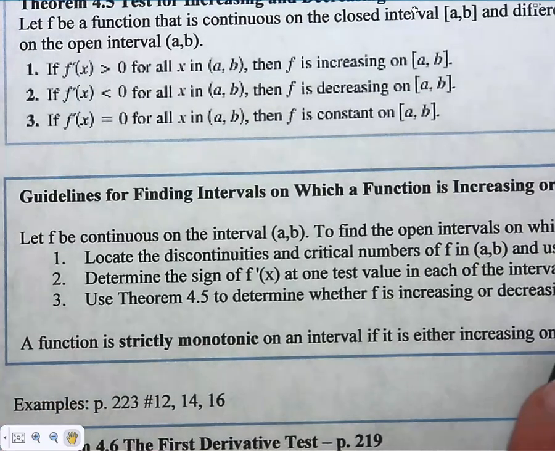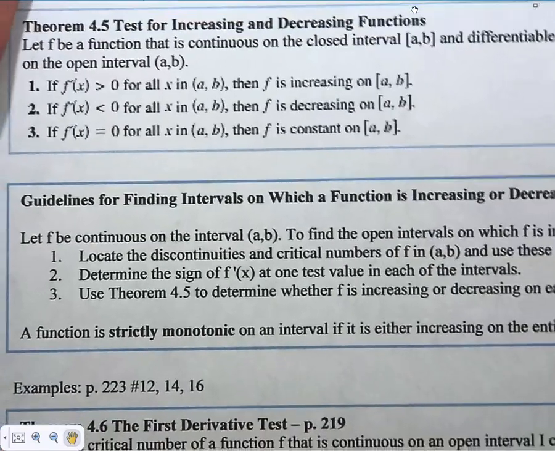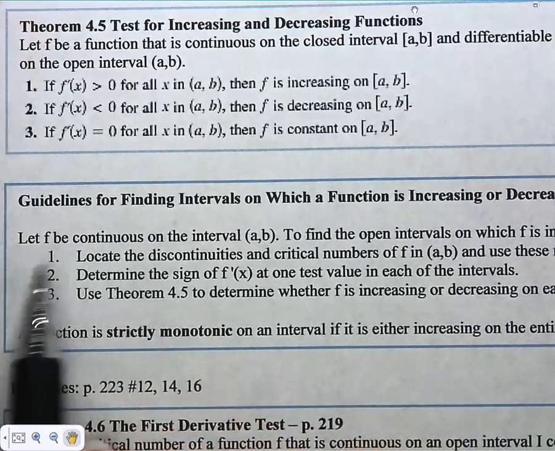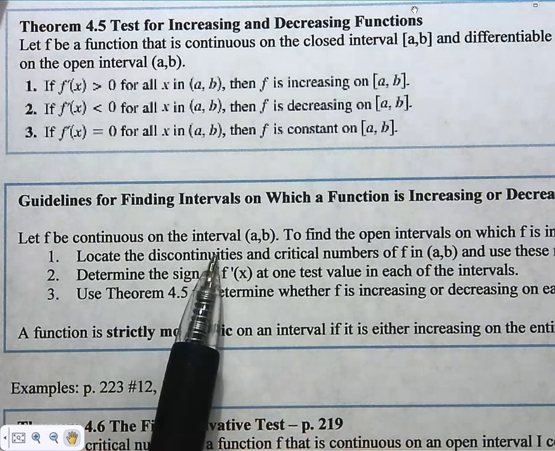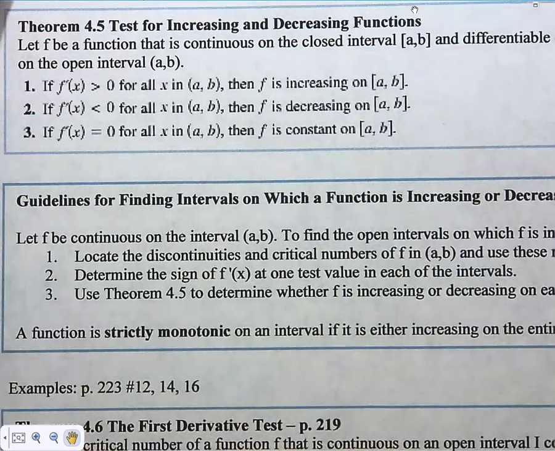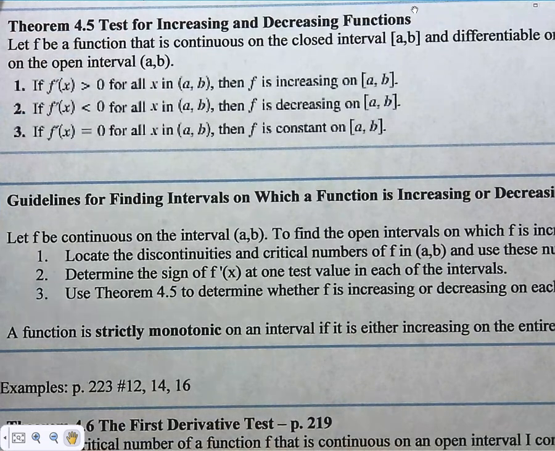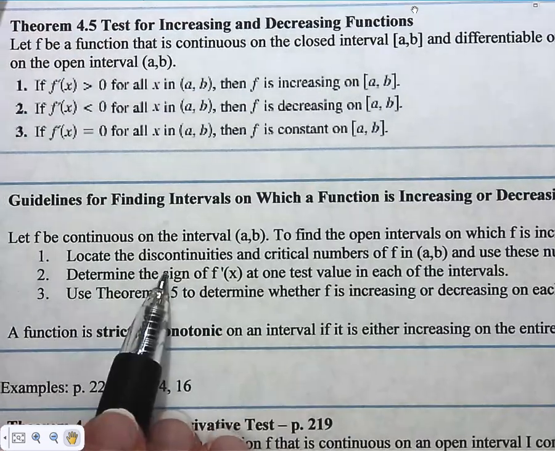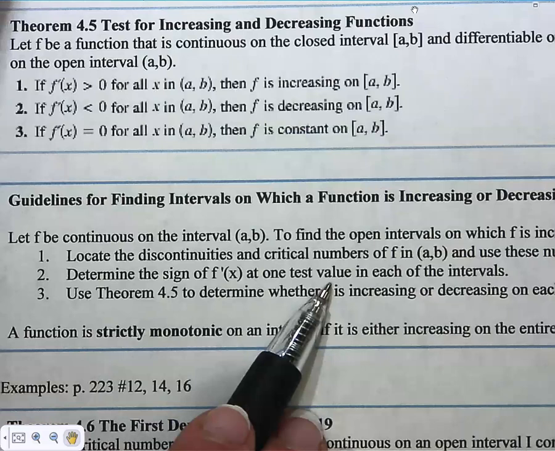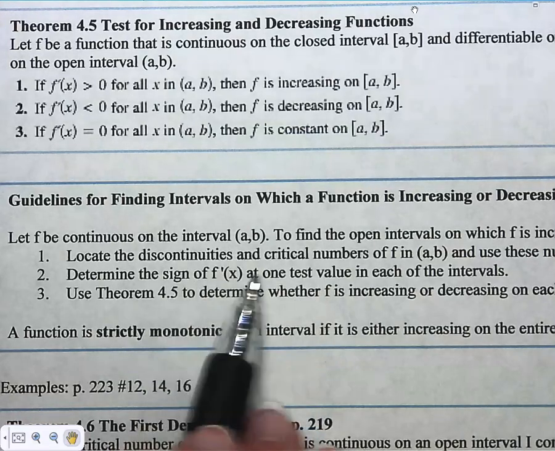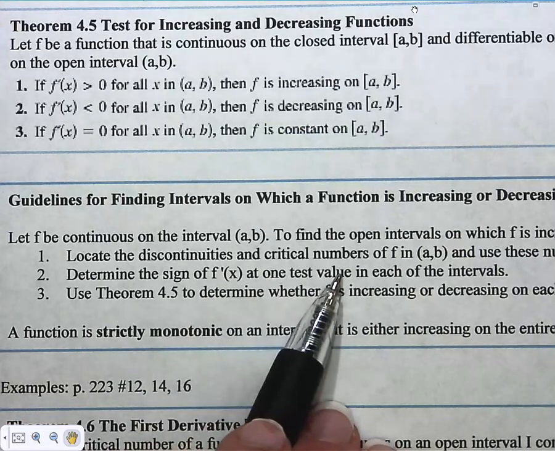Some guidelines for finding where the function is increasing or decreasing. If the function's continuous on the interval, to find the intervals over which the function's increasing or decreasing, locate the discontinuities and the critical numbers. Put those discontinuities and critical numbers on a number line.